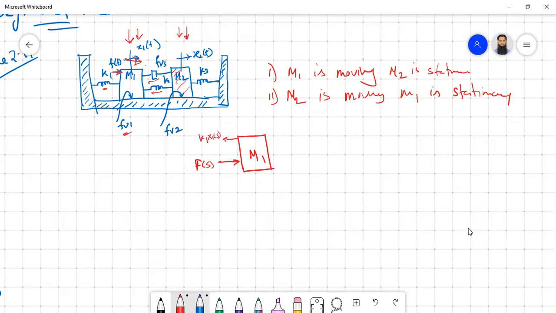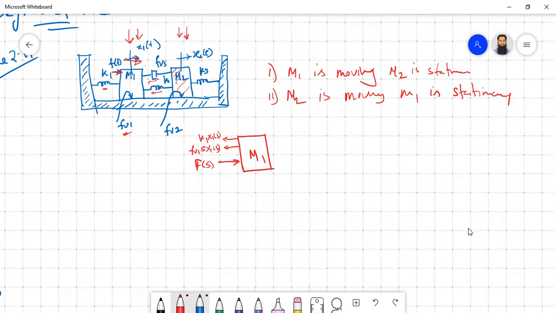Because of FV1, we will also have, in the opposite direction, FV1 s X1(s), the downward one. X1 is moving only, right? As well as that, you will have two other forces.